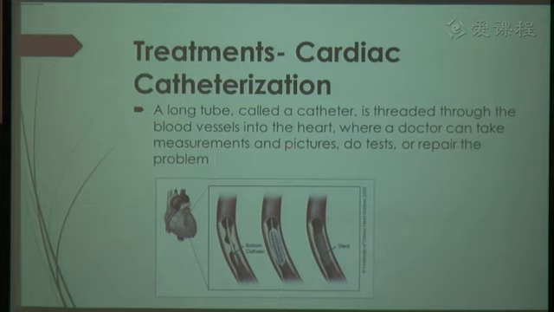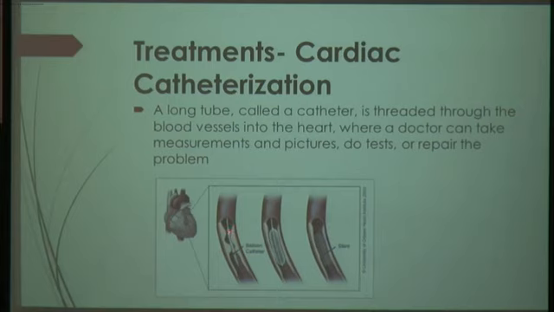And using this method, the doctor can actually take measurements, take pictures, because they may have a small camera on the top of the tube, and also do tests or even repair the problem. One of the best examples here is that narrowing of blood vessels can be repaired using a stent.